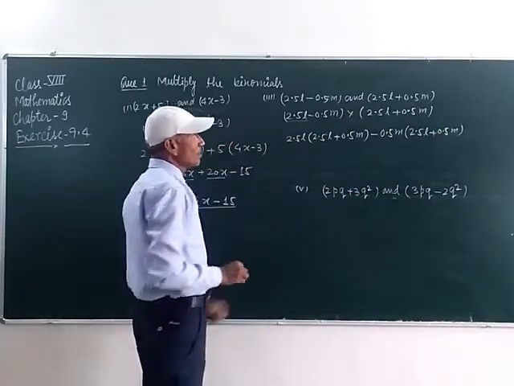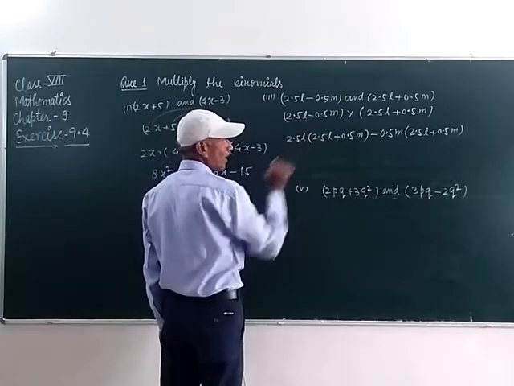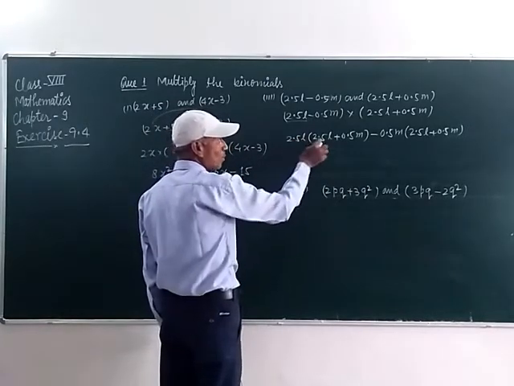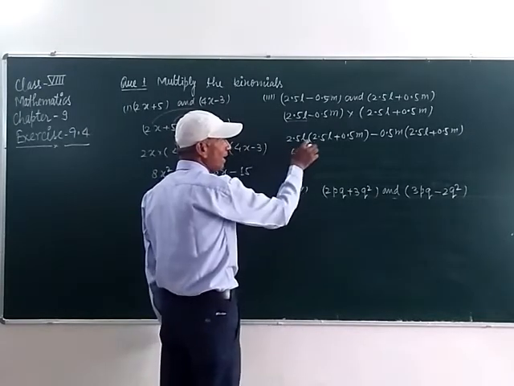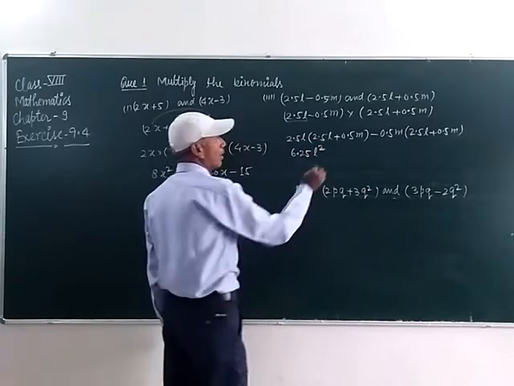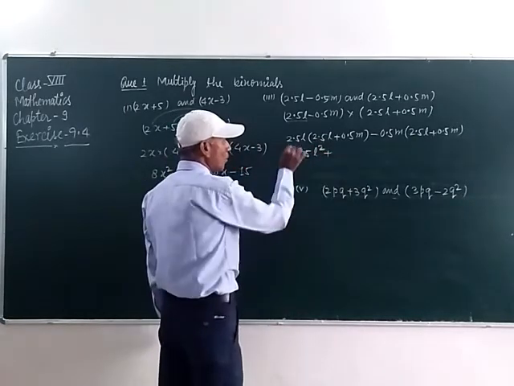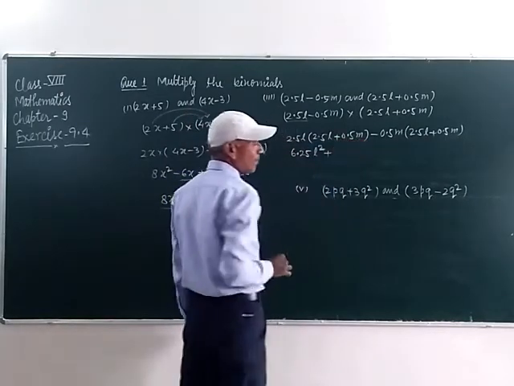In the next step we have to multiply this 2.5 into 2.5. So 2.5 into 2.5 it will be 6.25. L into L it will be L square, plus 2.5L multiplied by 0.5M.